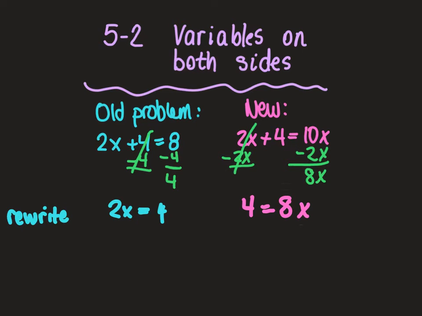Okay, next step in the old question is to divide by 2, because I want the 2 to be gone. New one, I want to divide by 8, because I want the 8 to be gone. Old question, 4 divided by 2 is 2. New question, now this just happened to work out to be a fraction, but this could have been anything.